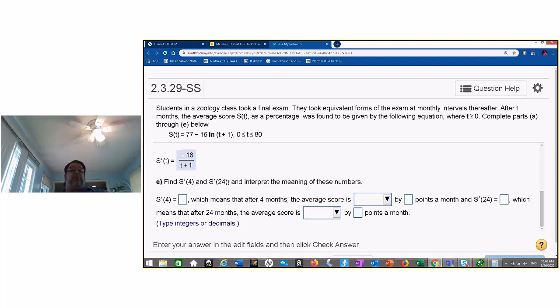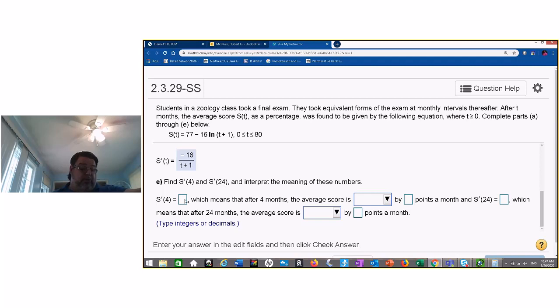And then they tell you to plug in 4 and 24. And you're going to get negative 3.2. So that means it's decreased 3.2 points per month.